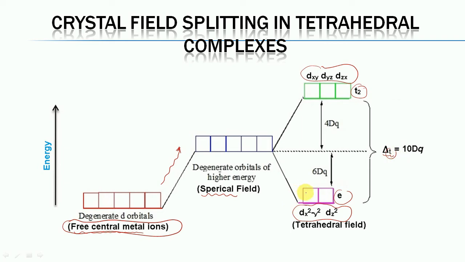So here the energy of these two orbitals decreases by 6 Dq, also represented as 0.6 delta T, and at the same time the energy of these three orbitals is raised by 4 Dq, also represented as 0.4 delta T.